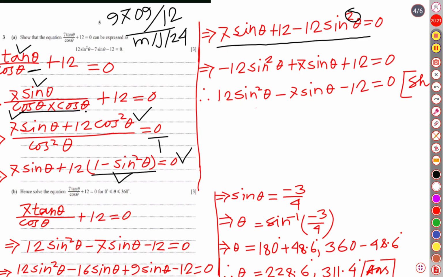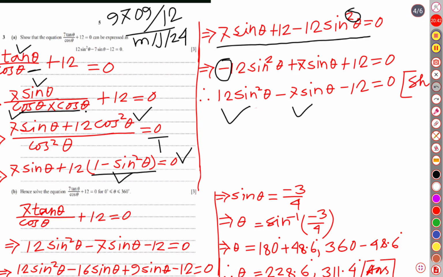Then we are going to simplify the signs. If we multiply every term by a negative sign, it is going to be 12 sin square theta minus 7 sin theta minus 12. Every sign is interchanged: positive becomes negative and negative becomes positive. So ultimately what did we get?